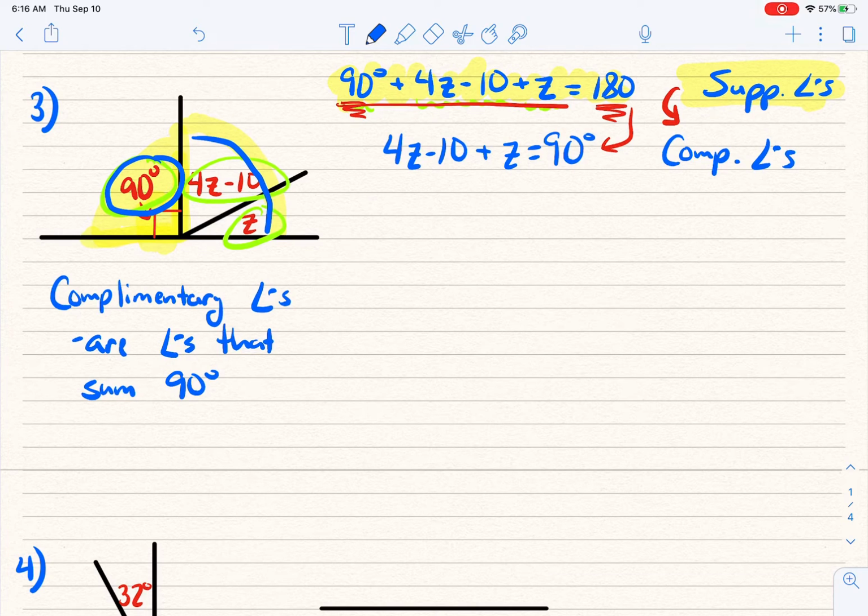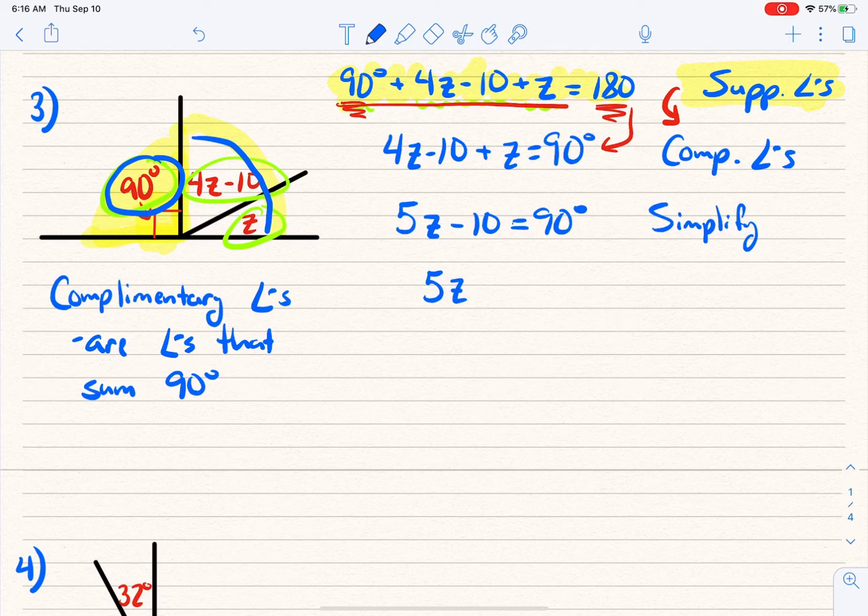And now we just go ahead and simplify. 4z and z would give me 5z minus 10 is equal to 90. And all we did there was simplify. Okay, add 10 to both sides, you get 5z is equal to 100.